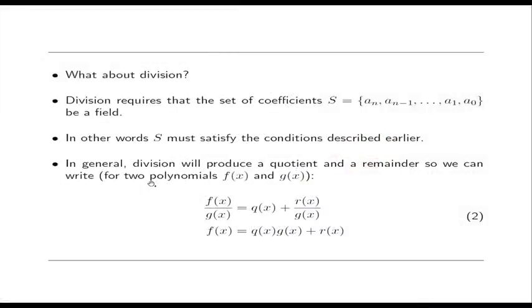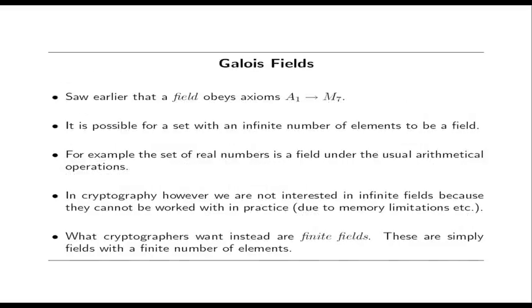This is the division arithmetic for two polynomials f(x) and g(x), where q(x) is called the quotient and r(x) is called the remainder polynomial. Okay. So, now we talk about Galois field over polynomials.